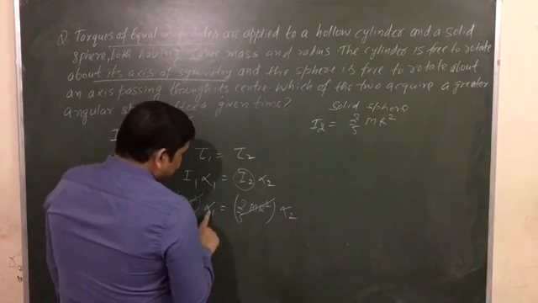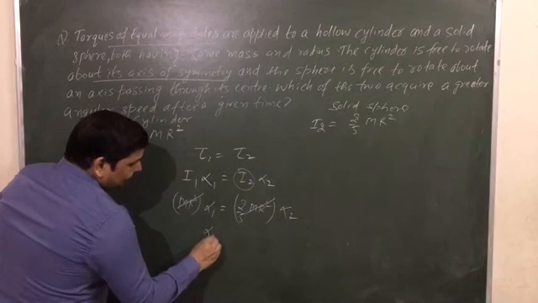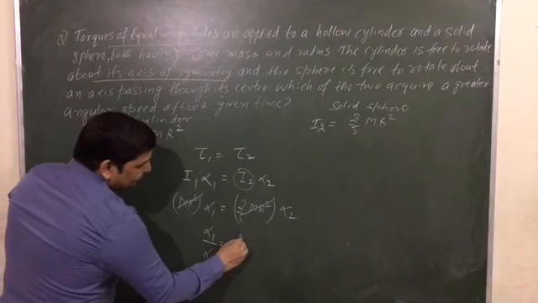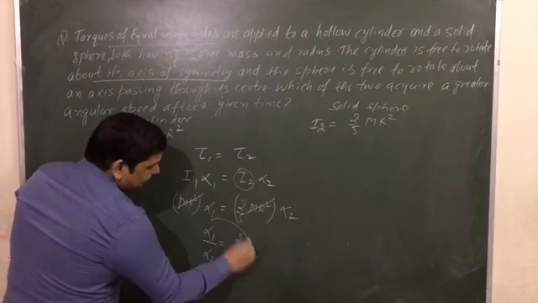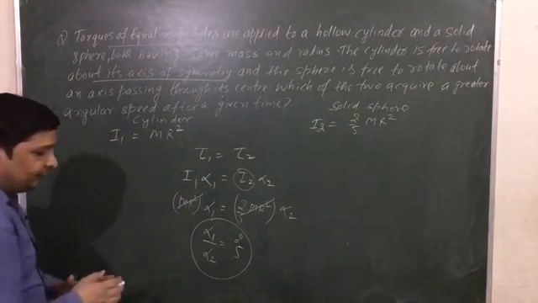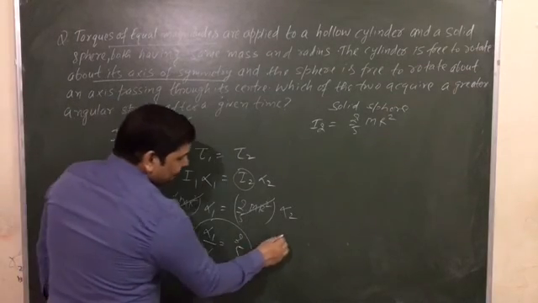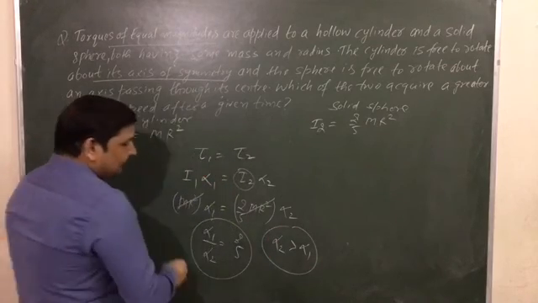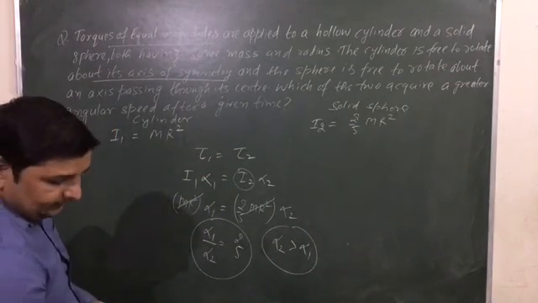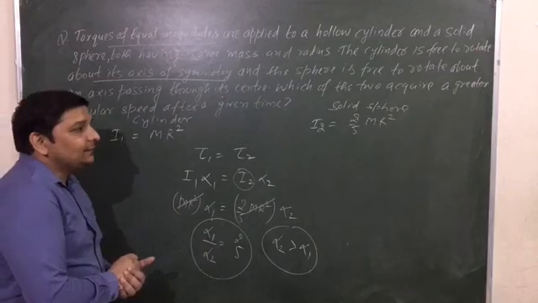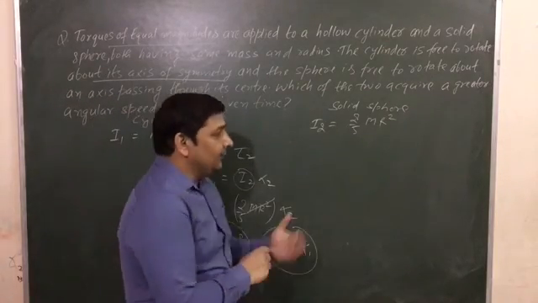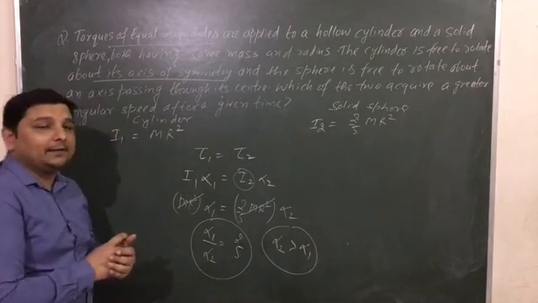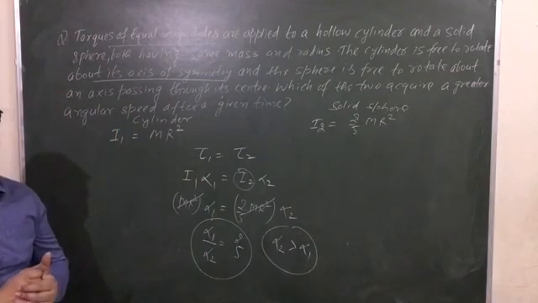Therefore, alpha 1 divided by alpha 2 is 2 by 5. From this, we can say that alpha 2 is greater than alpha 1. It means the angular acceleration of the solid sphere is greater than the angular acceleration of the hollow cylinder.